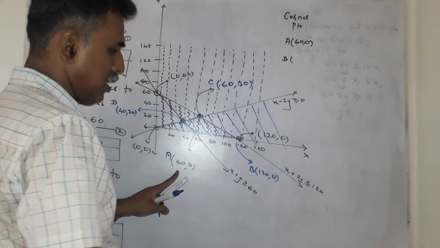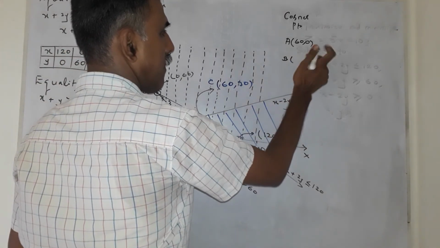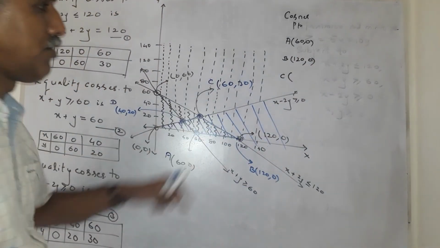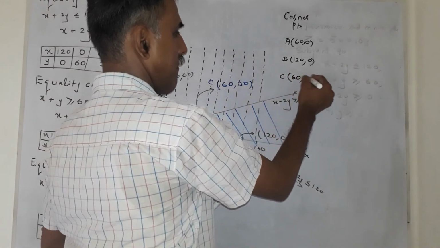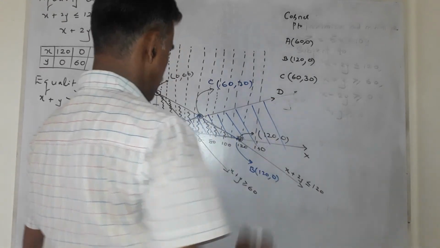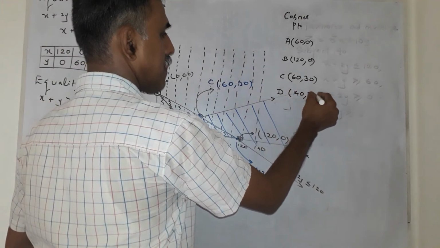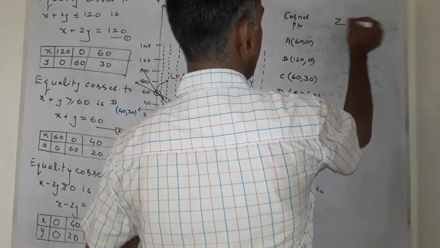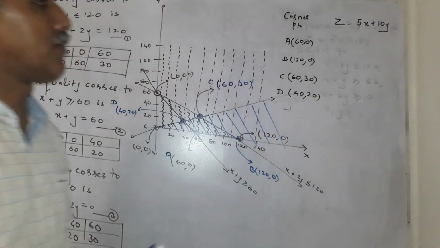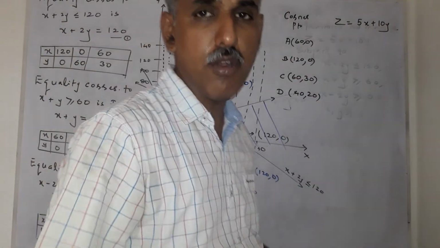The second one is B, 120, 0. The third one is C, 60, 30. And the fourth one is D, 40, 20. The objective function is z equal to 5x plus 10y. So let us compute the value of the objective function for each of these corner points.